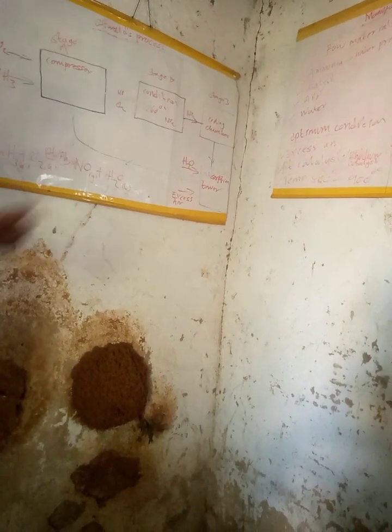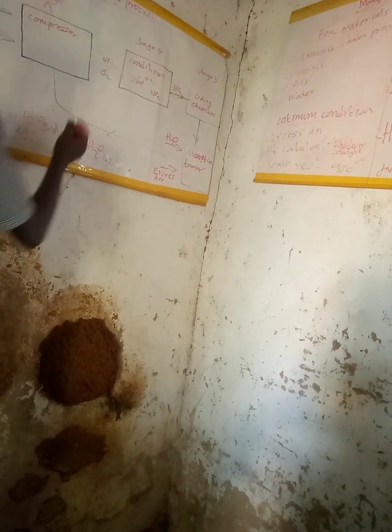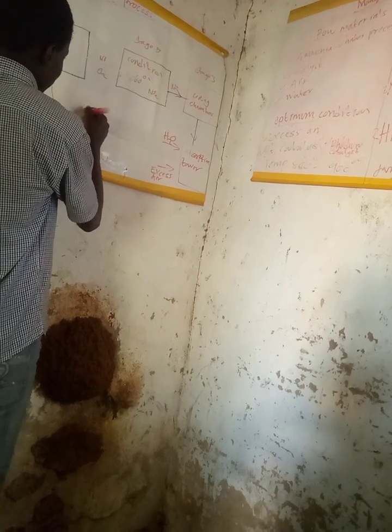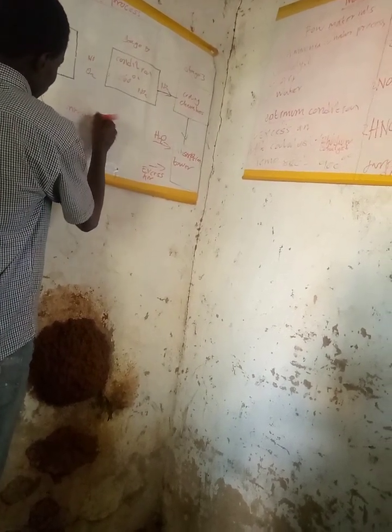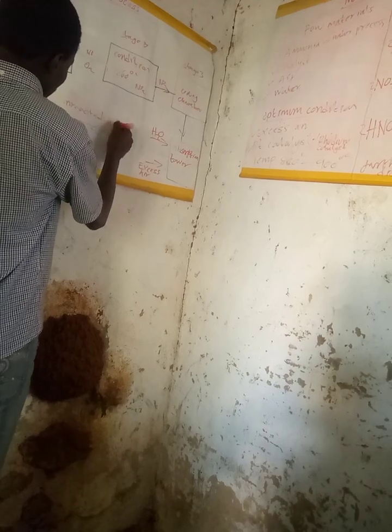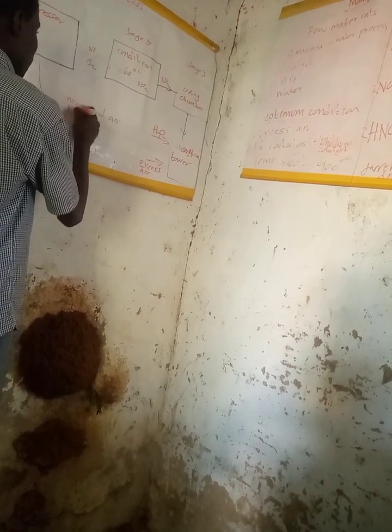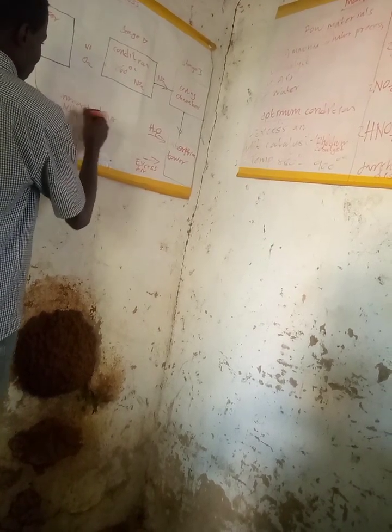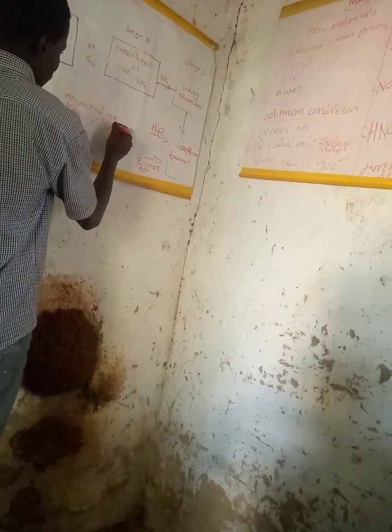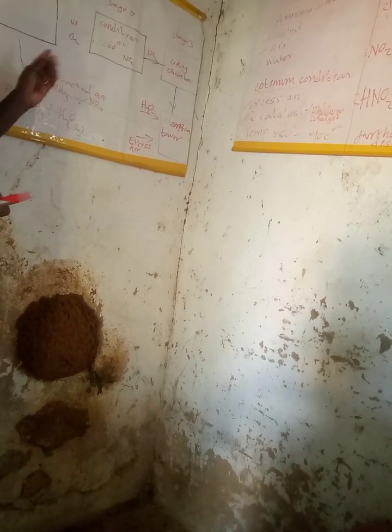So we have unreacted air, ammonia and nitrogen oxide.